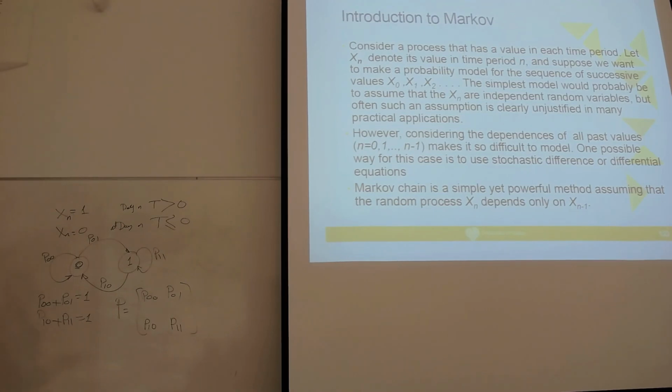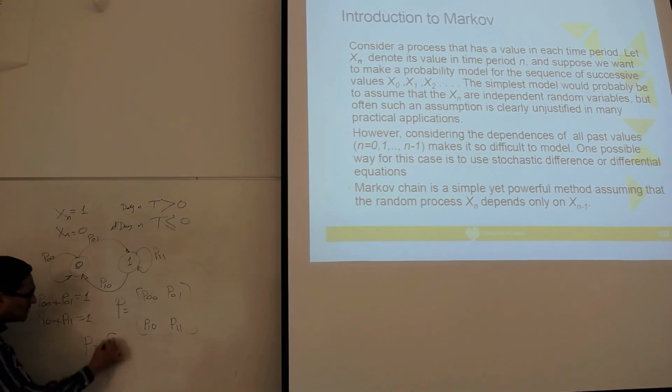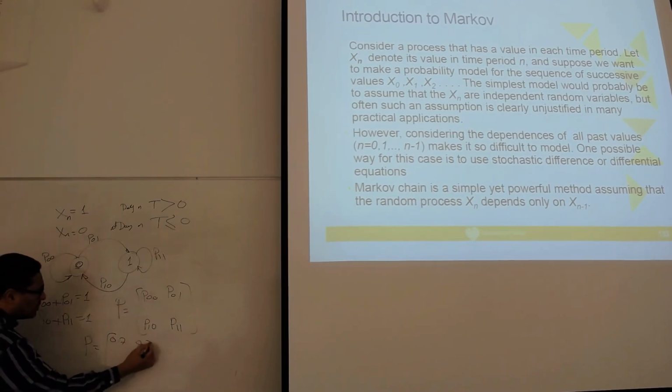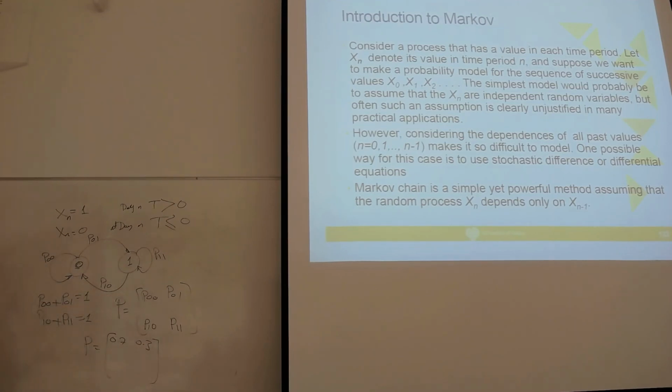For example, based on the history, if you look at the database, you find that when today is less than 0, the probability that tomorrow will be less than 0 was 0.7. This implies that this will be 0.3. As I said, the summation must be 1.